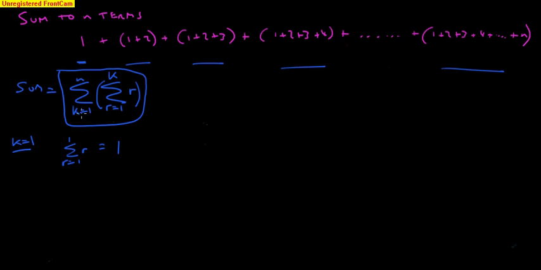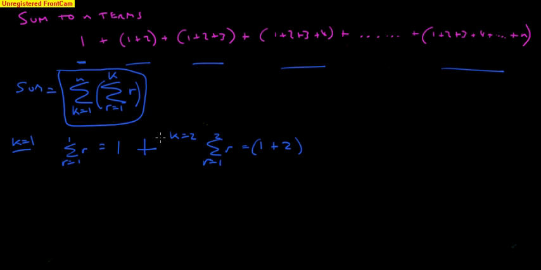Now, because our k goes from 1 all the way up to n, we'll add on the next one. That's when k equals 2. If k equals 2, we get the sum from r equals 1 to 2 of r, and this is 1 plus 2, because you put in 1, then you put in 2, and then we have to stop there because that's all we need.